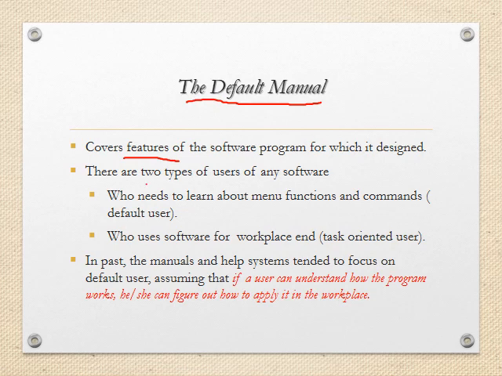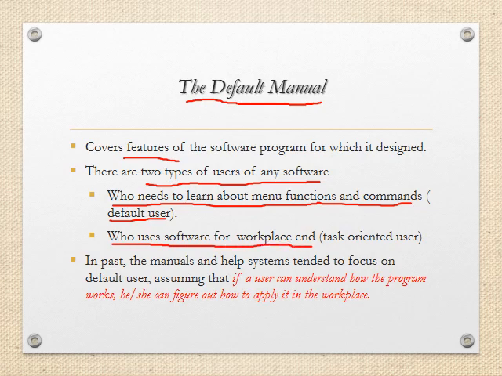There are two types of users of any software. There are users who need to learn about menu functions and commands, and we call them default users. And there are users who try to use software for the workplace, and we call them task-oriented users.